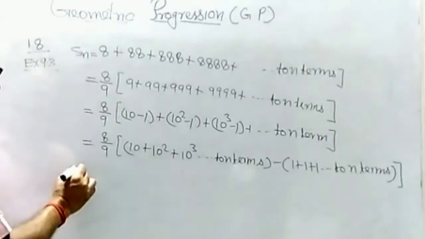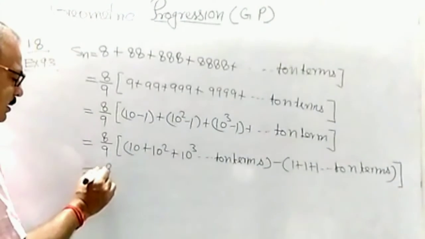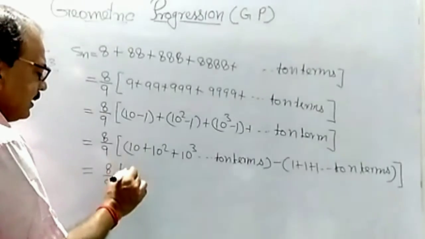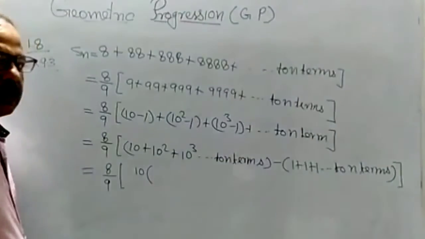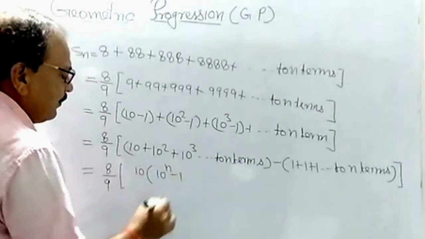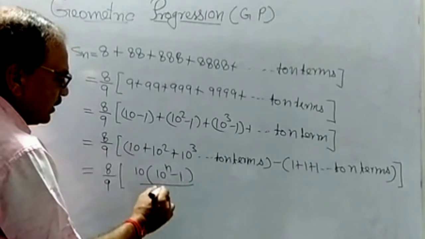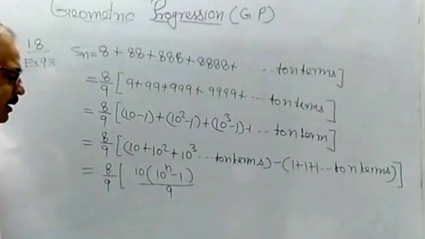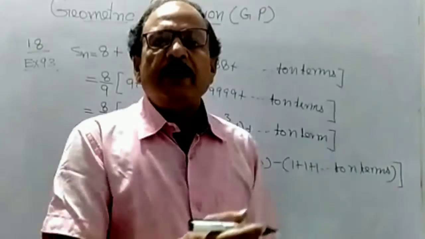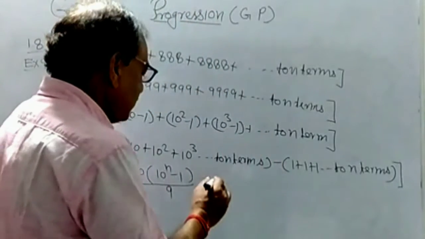And now the first series is what? This is a geometrical series, so in this 8 by 9, the first term is 10 and the common ratio is 10. The sum is 10 times 10 to the power n minus 1 upon r minus 1, that is 10 minus 1, that is 9, and 1 plus 1 plus 1 up to n terms, that is n.